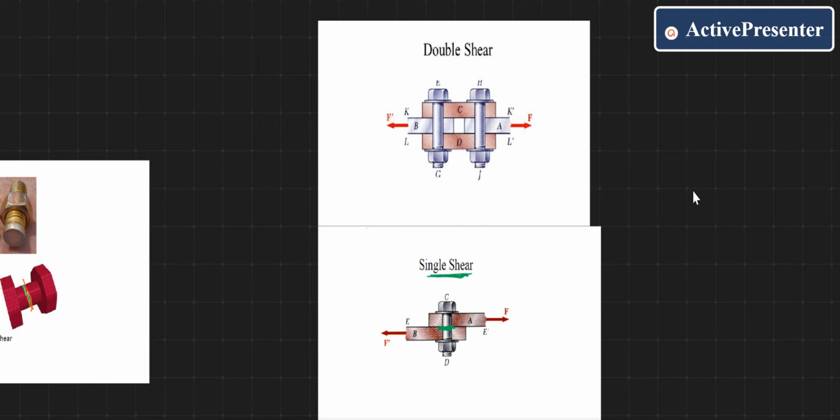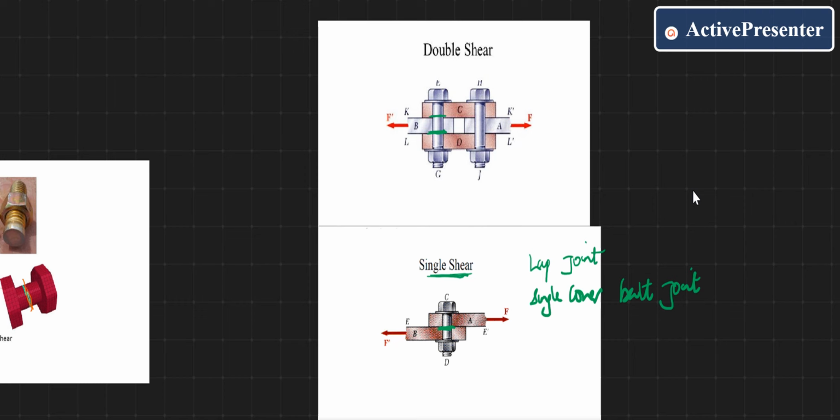So in case of lap joint and single cover butt joint, there occurs single shear. But when we are connecting a double cover butt joint, there can occur a failure at this plane as well as at this plane.